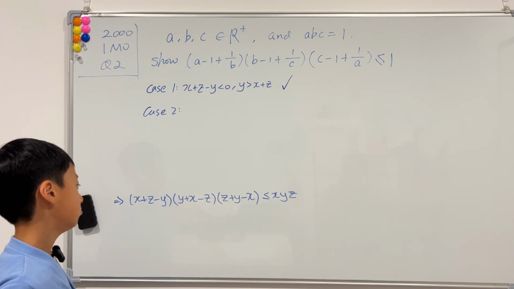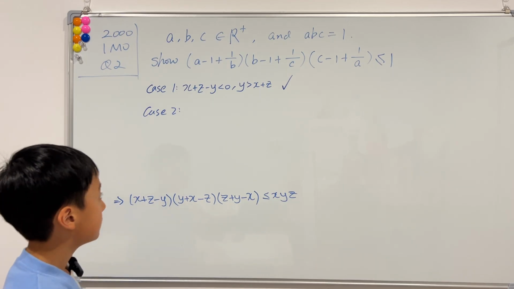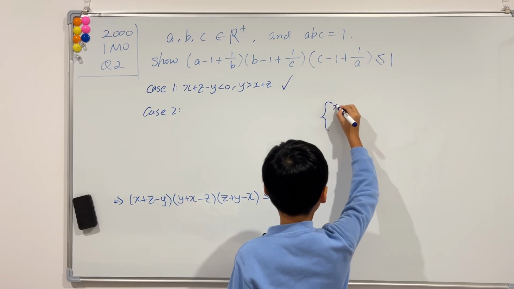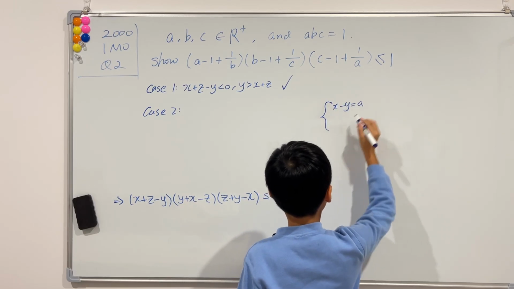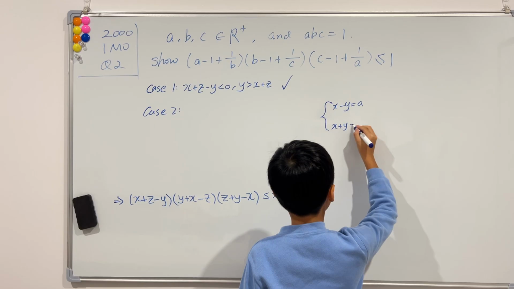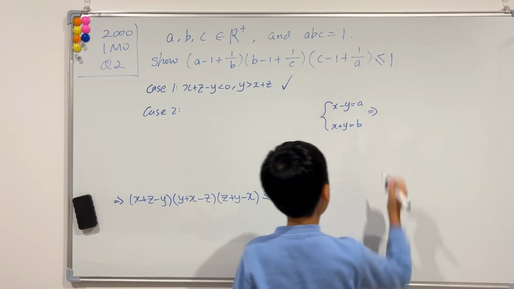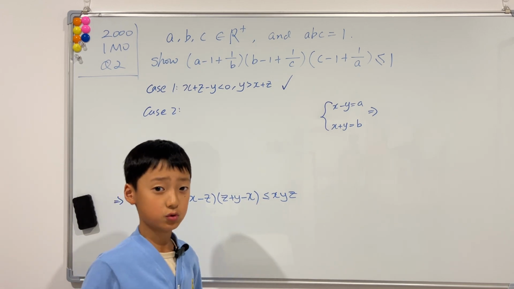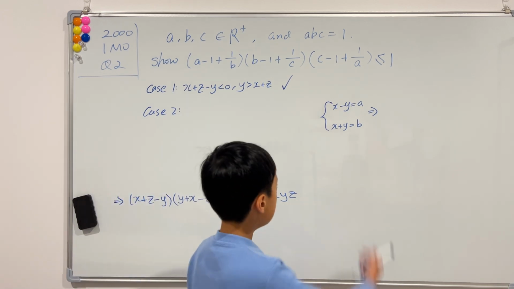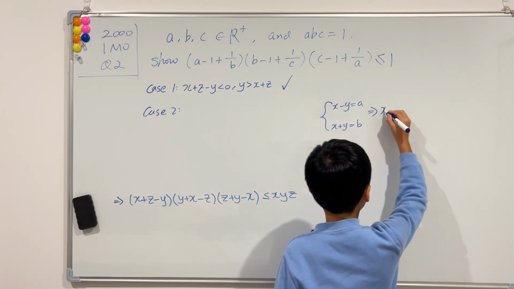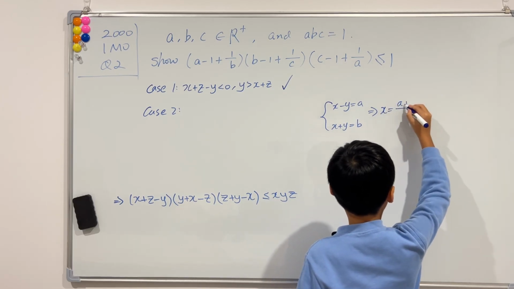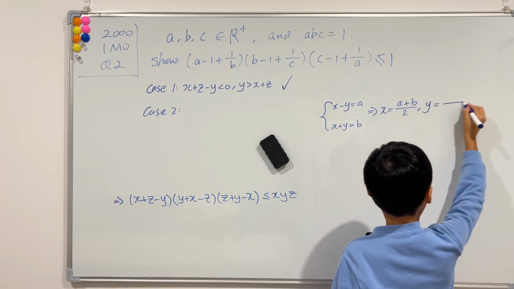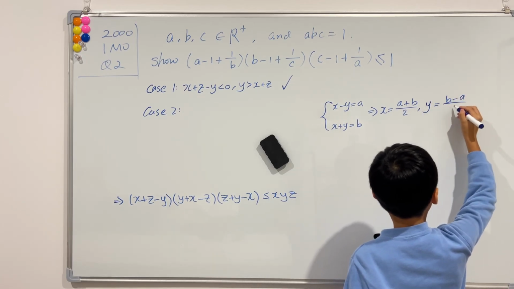Well, think of it like this. If we have a simultaneous equation, x minus y is equal to a and x plus y is equal to b, then how do we find x and how do we find y? Well, this is probably just some primary school stuff, or maybe like year 7. Then you'll get x is equal to (a plus b) over 2, and y will be (b minus a) over 2.